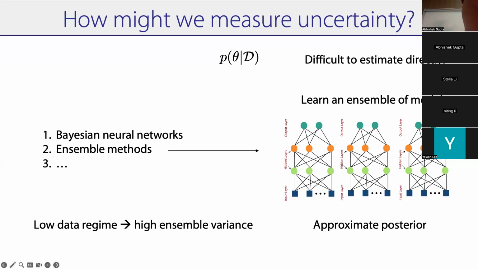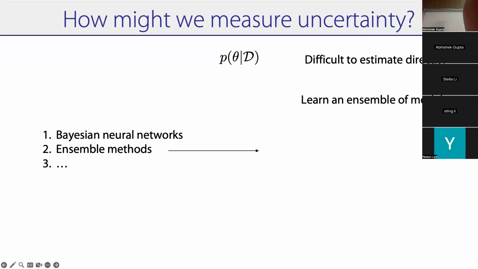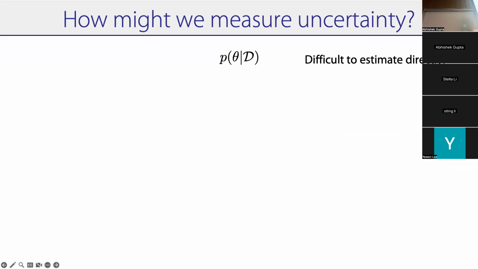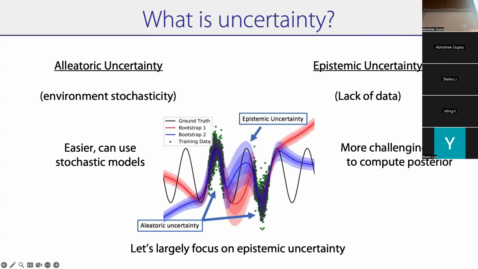In places where you have data, the models agree. In places where you don't have data, the models don't agree, right? So going back to our example from earlier, in these regions the models will all agree because you're training on data there. In these regions, because the models are initialized differently and maybe see different data, they will disagree, right? And so you can look at the variance in your ensemble predictions as an approximation to epistemic uncertainty.